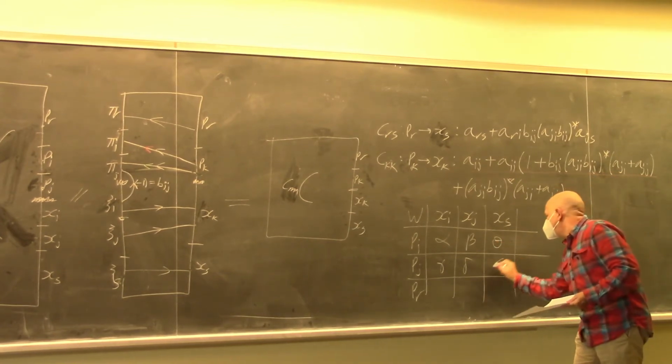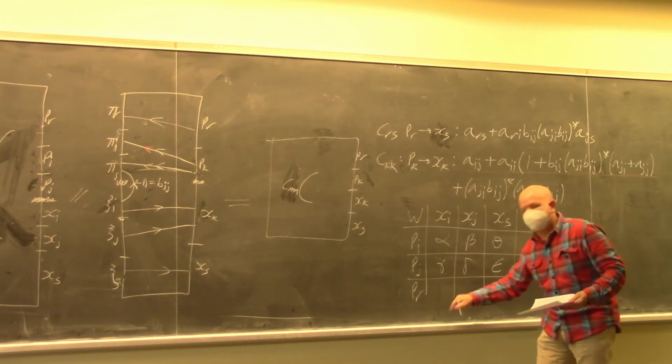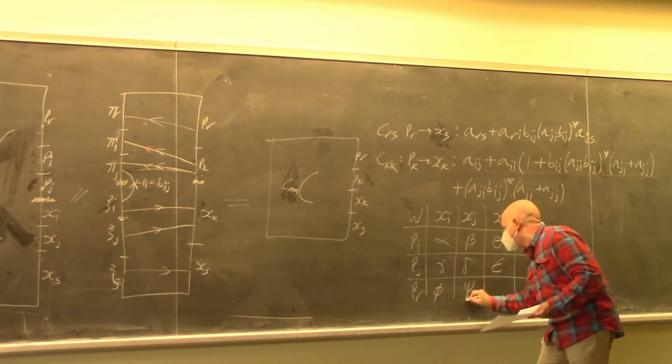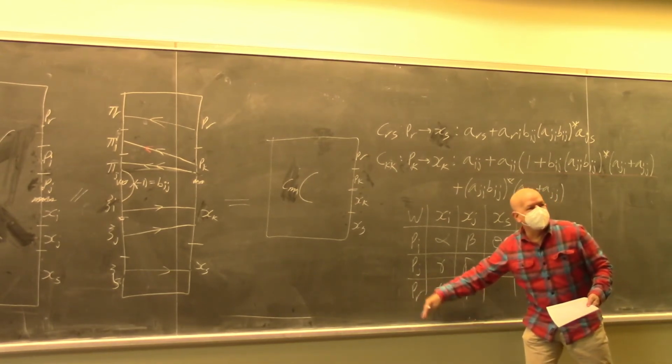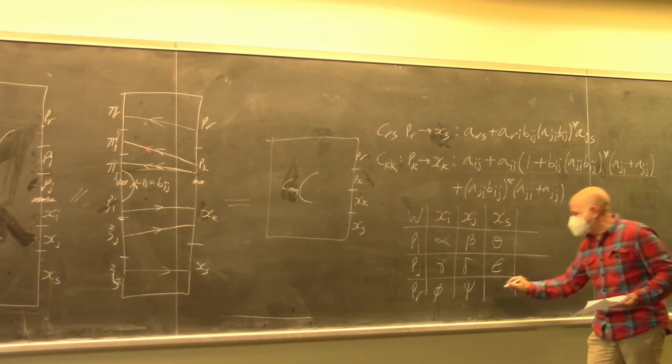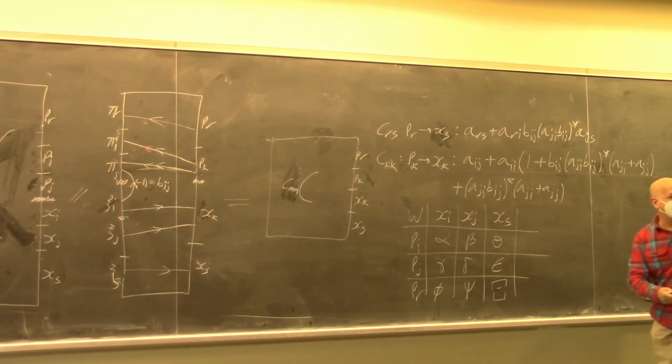So this is theta and this is epsilon. And here there is a whole column of further entries, so this is phi and this is psi. And here, this is all the rest of the p's and all the rest of the x's. So this is really a block matrix, the Greek letter uppercase psi.